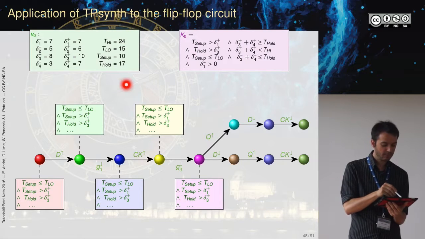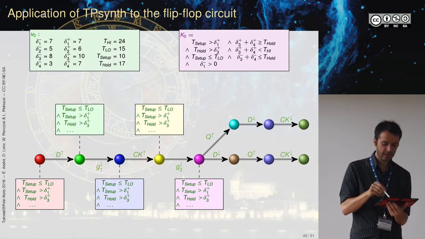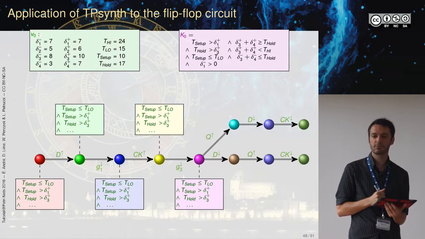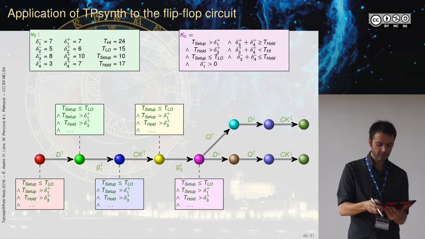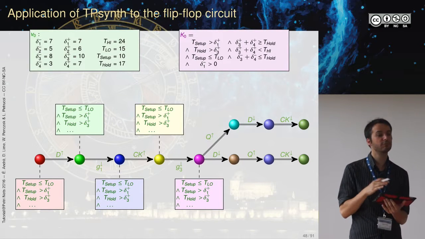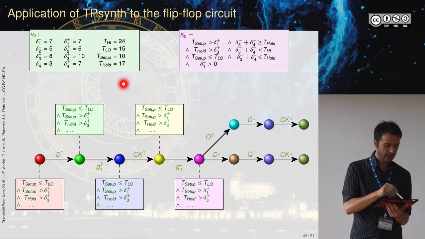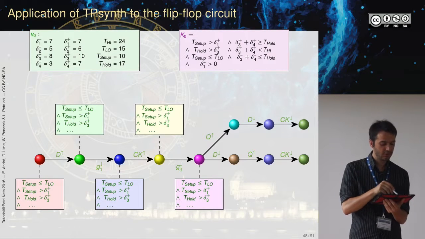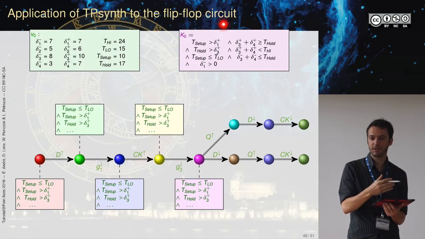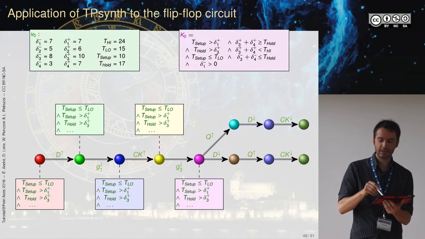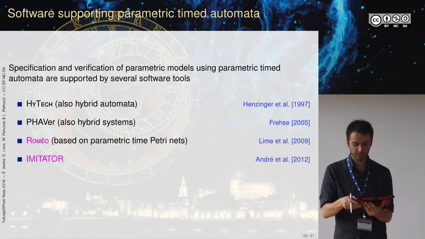And since my reference valuation was correct, any valuation here is also correct. This also gives a measure of robustness in terms of small variations of my timing delays. I can do any variation of the timing delays here without changing the functional behavior of the system, as long as they stay in this constraint. So I really characterize the robustness of my system.